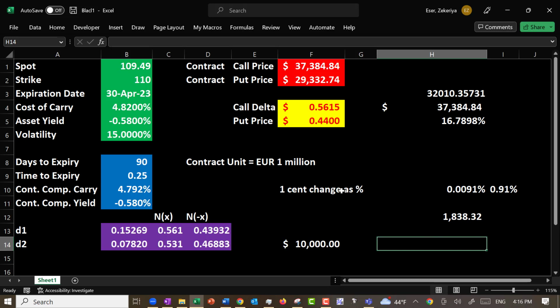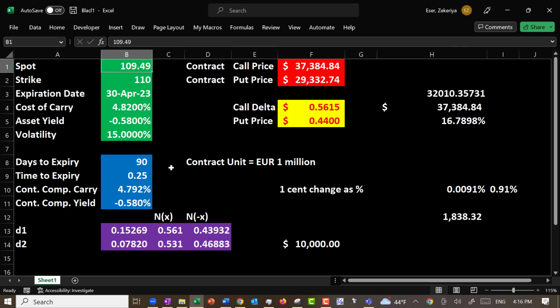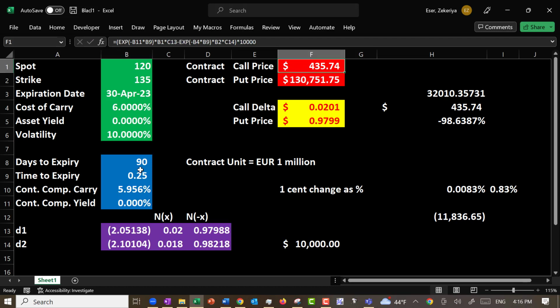Okay? Let's kind of figure out. It was about 3 months. Cost of carry those days was about 6, and yen was yielding about 0. Volatilities were around 10. So it would have cost me 435. In this case, the asset is dollars, but the price would be in yen.